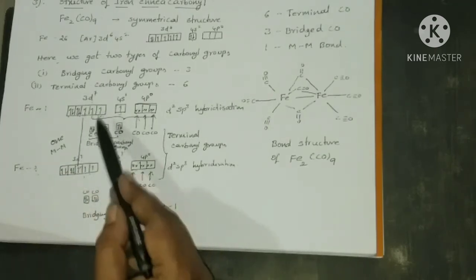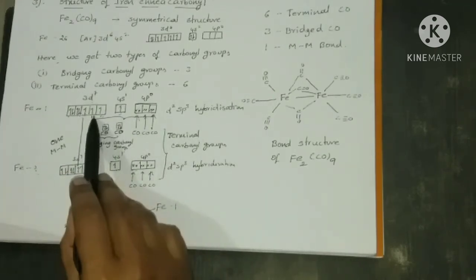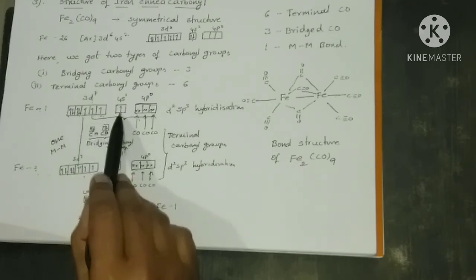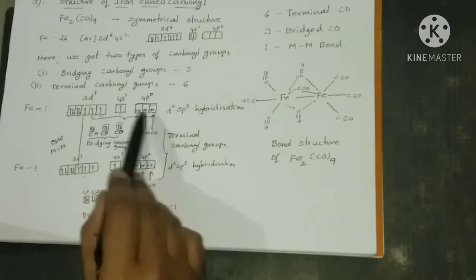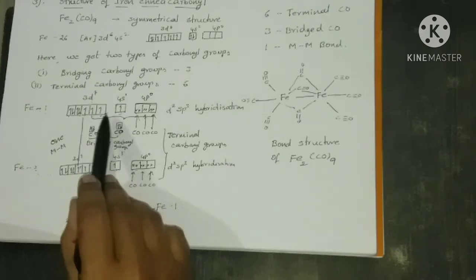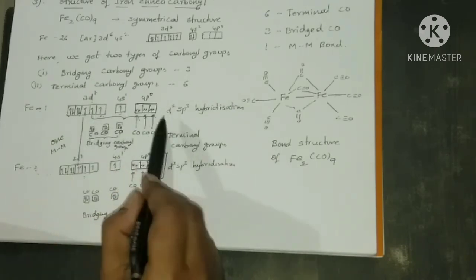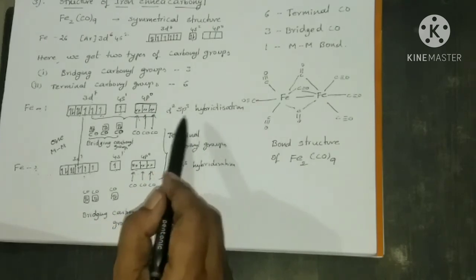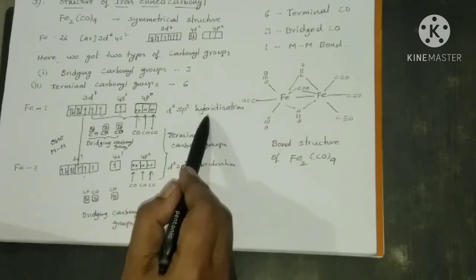This is same for both the atoms, and here these 2 3d orbitals, 1 4s and 3 4p vacant orbitals get mixed up and merge and form 6 d2sp3 hybrid orbitals, giving d2sp3 hybridization.